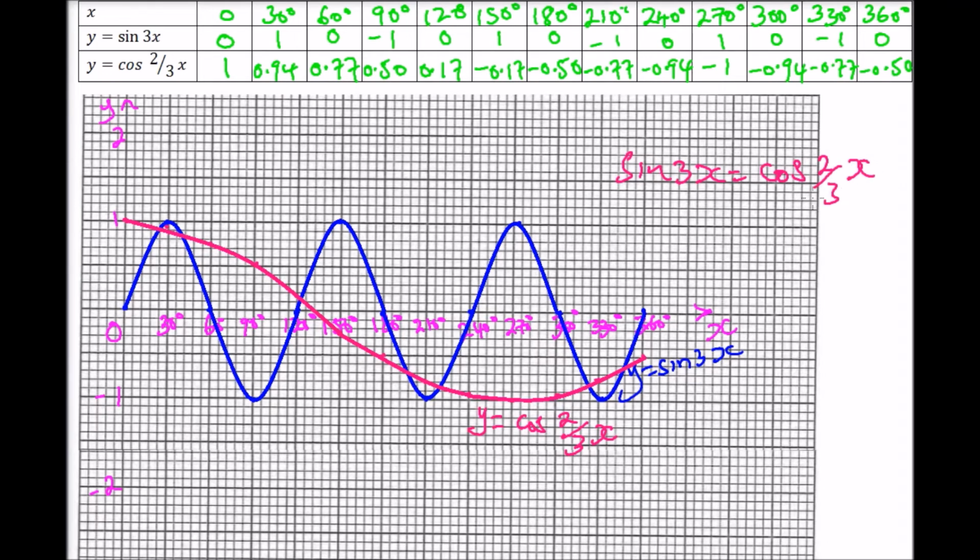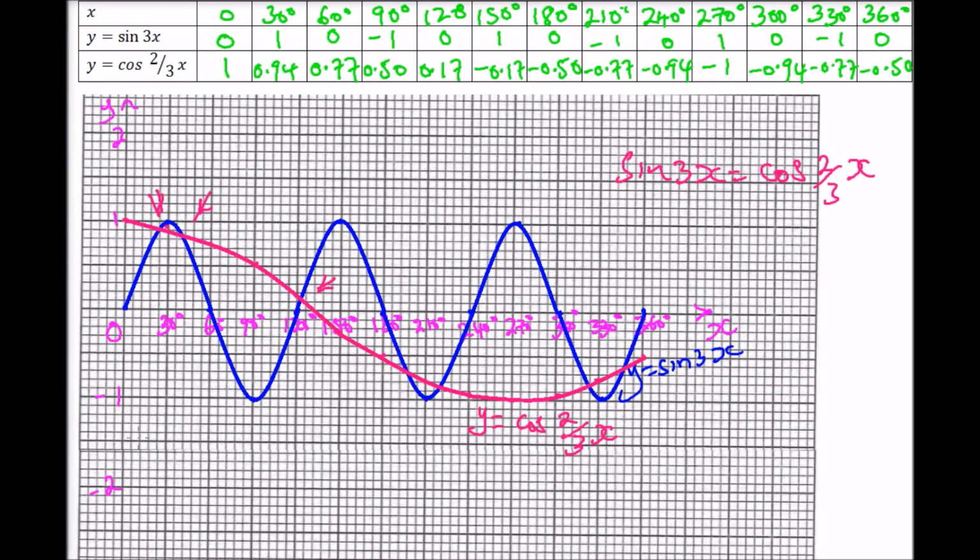This means that we are looking at points where the two graphs cut each other. Those are the points. For example, we have here, that is 1 point. We have here, we have here. So you are required to read the values of angles at the points where the two graphs meet.